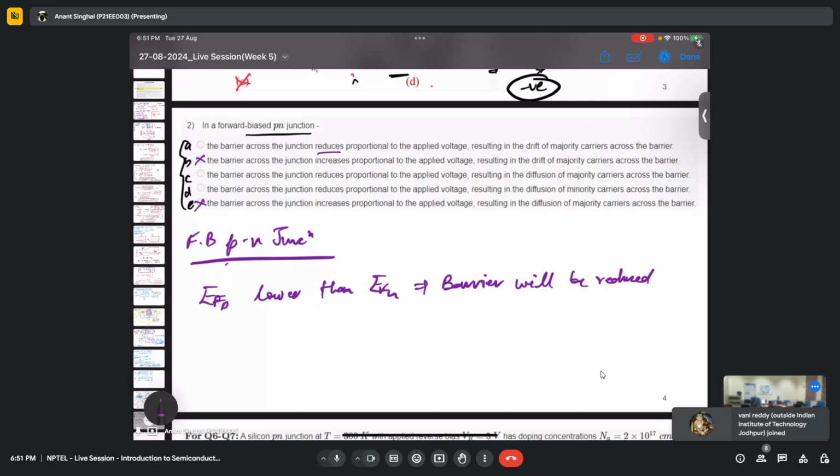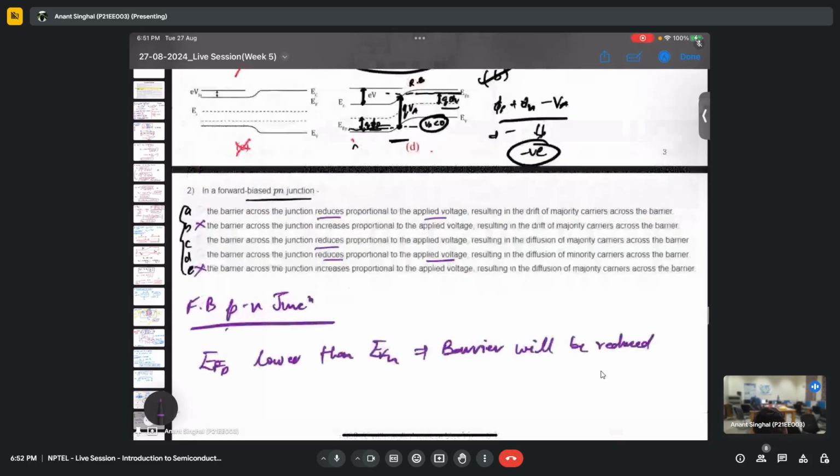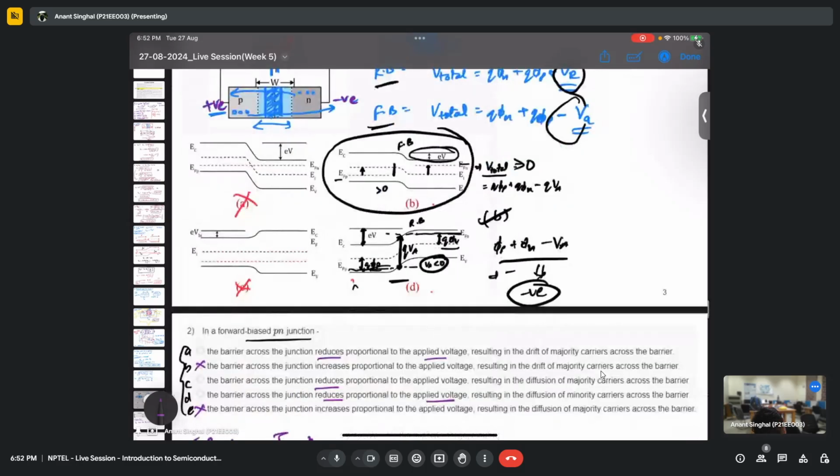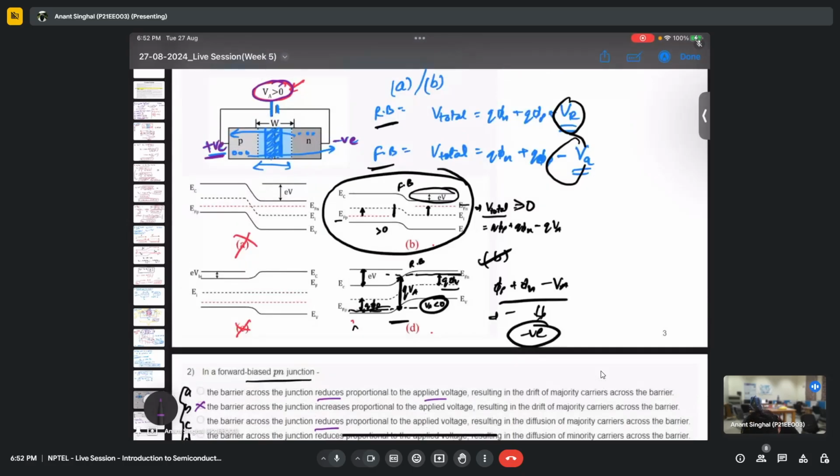Barrier will reduce across the junction proportional to the applied voltages. That is true, but what will it do? As I have said, once we have a positive bias, we have a positive voltage here and a negative voltage here. So the electrons from the n side will go quickly towards the positive applied voltage and the holes from the p side will go towards the negative applied voltage.